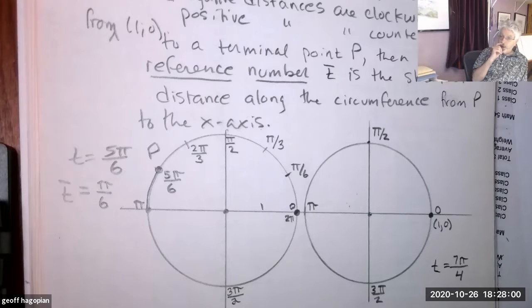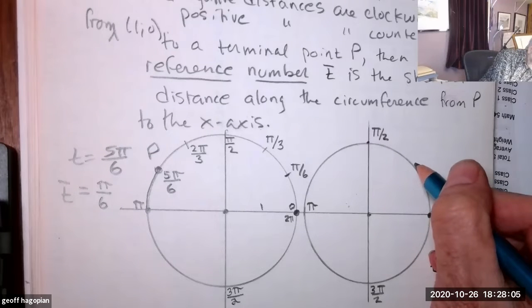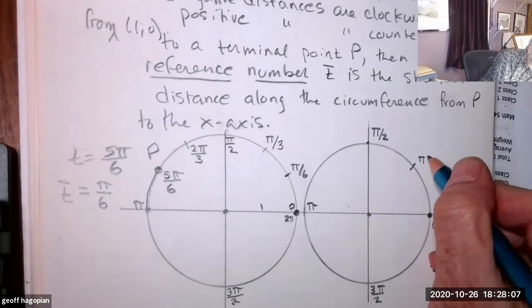So where's pi over 4? Well, that's halfway between 0 and pi over 2, right? Let's say right about there.